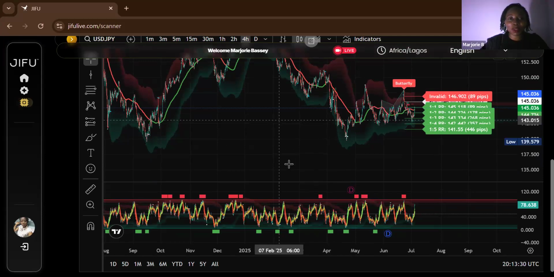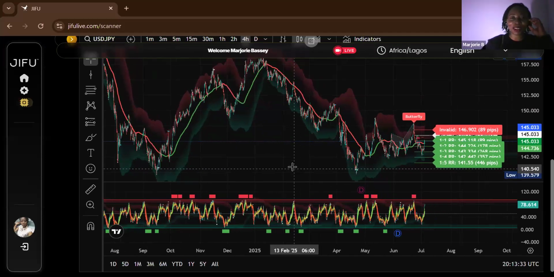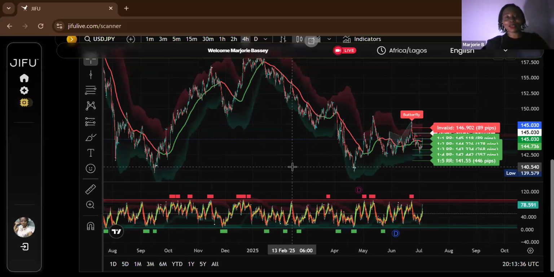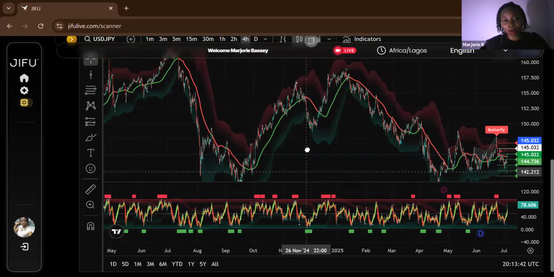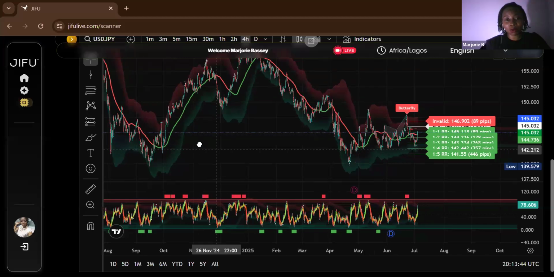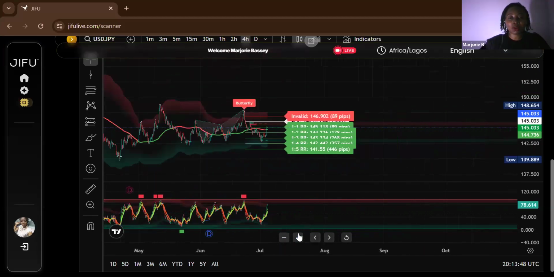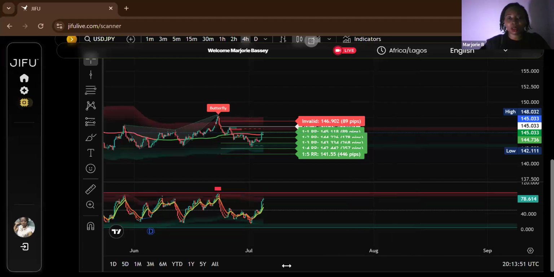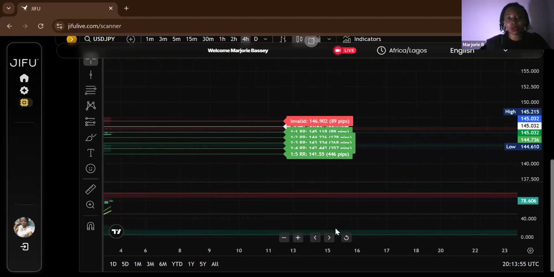Sometimes I look at this and it looks like a lady dancing with a green and red scarf, dancing ballet or something. So I always love having this picturesque view of market activity, and then you can zoom in by clicking plus. The plus button is at the bottom of the screen.